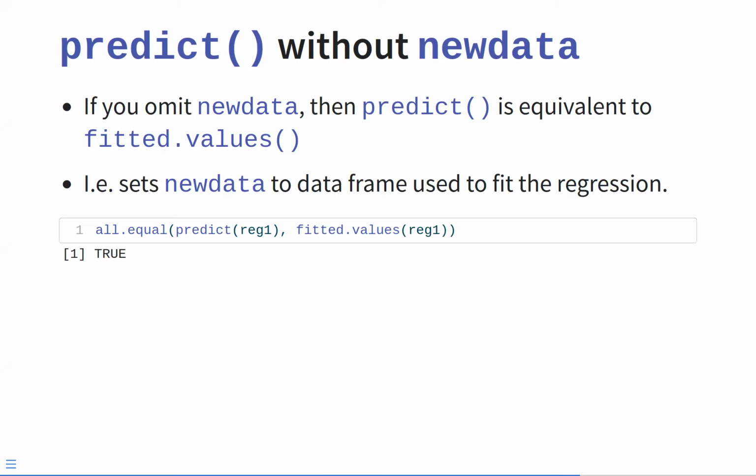I'm using all.equal to test whether predict(reg1) and reg1$fitted.values are equal up to numerical precision. I should just clarify that all.equal does not test for exact equality. It tests for approximate equality up to machine precision. And indeed, these are the same.